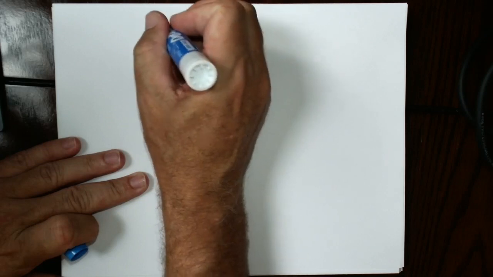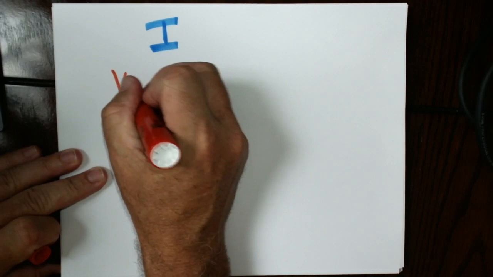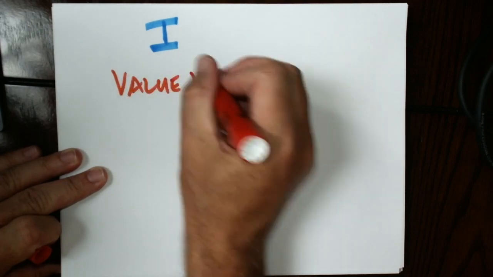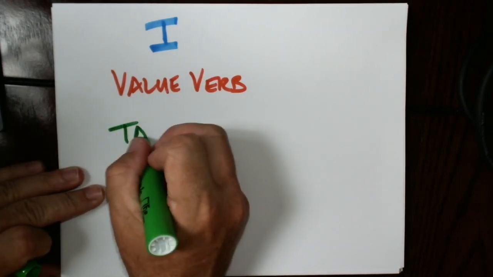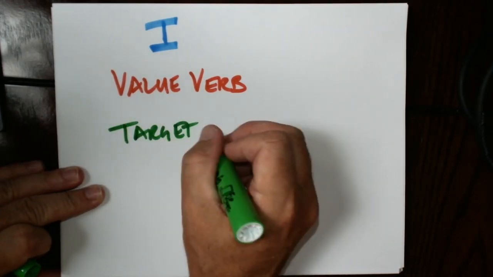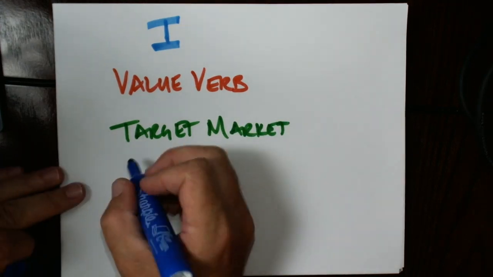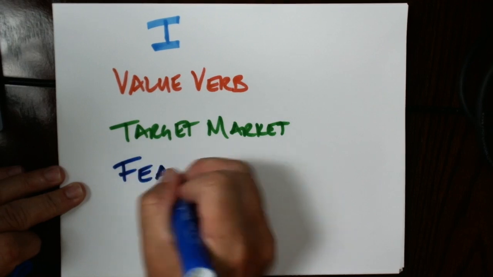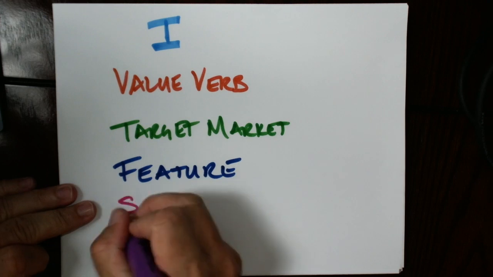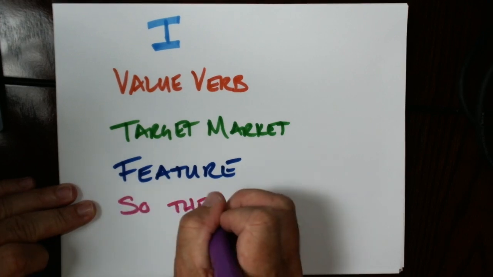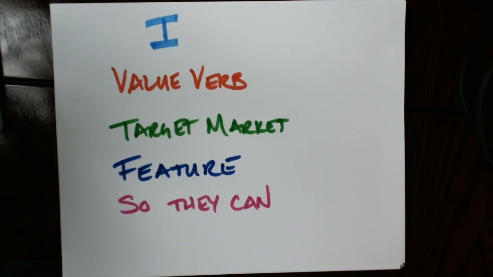Starts with I, value verb, target market, feature, so they, can you guess what the last one is?